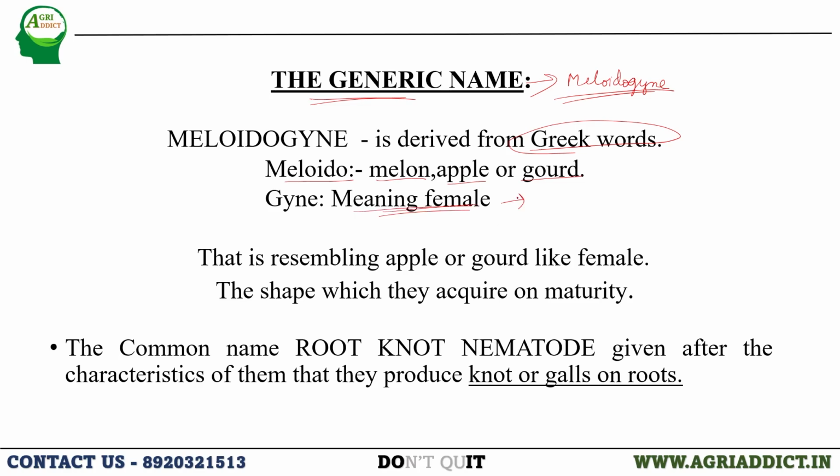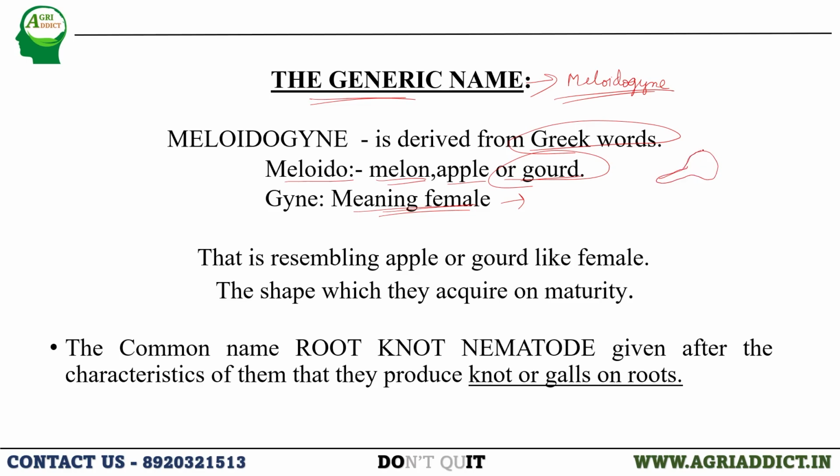This name was given as the mature female attains the shape of a swollen melon, apple or gourd. Whenever the mature female starts feeding, the posterior part becomes swollen. It assumes the shape of a melon or apple.